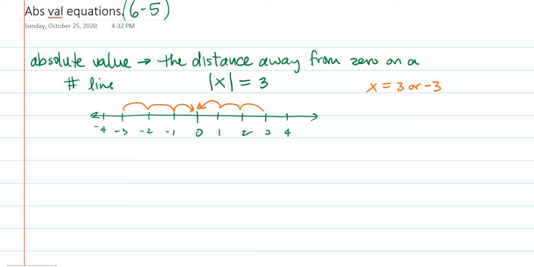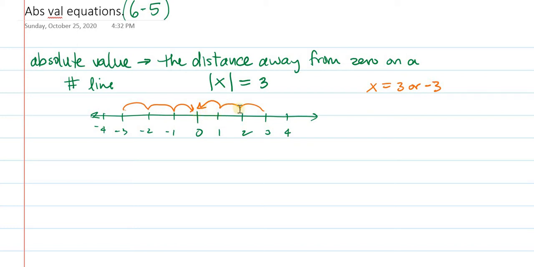This video is about absolute value equations. As a recap, an absolute value is the distance away from zero on a number line. So if we had an equation, absolute value of x equals 3, we know that the value of x can be 3 places away from 0 in either direction.